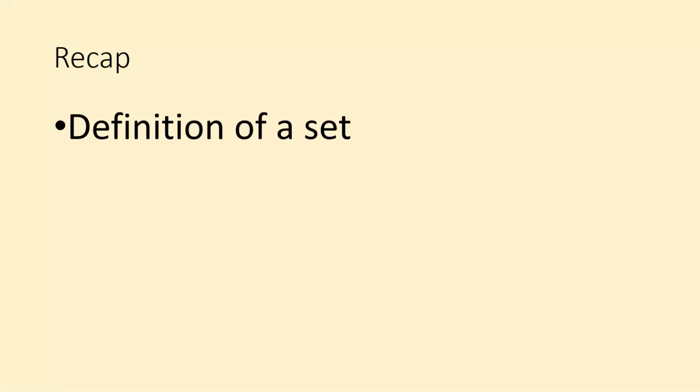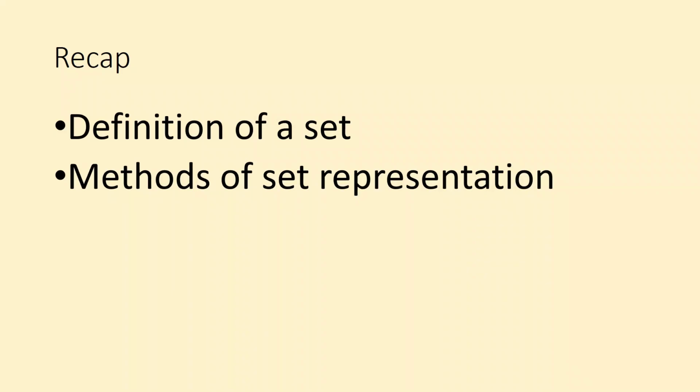And finally, a recap of whatever we have discussed so far. At the very beginning, we looked at the definition of a set. A set is a collection of well-defined objects. When I say well-defined, that means the objects should not be different from one person to another. So the definition of the object should be same for every person. Then we moved on to the methods of set representation.